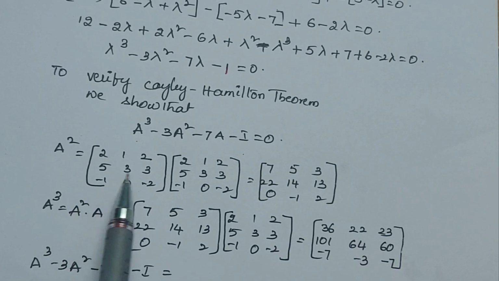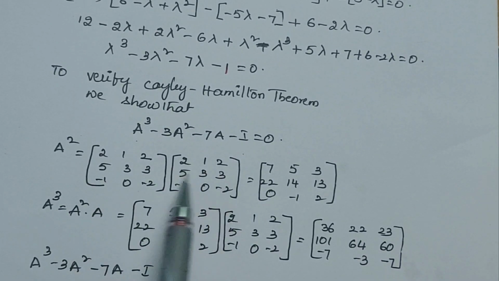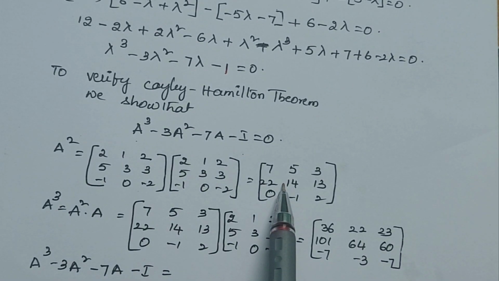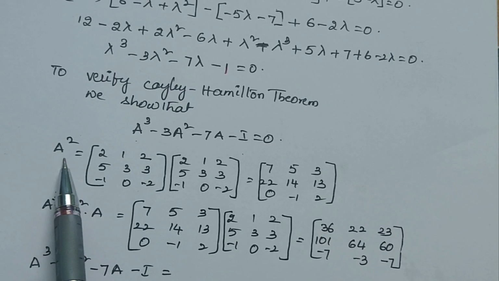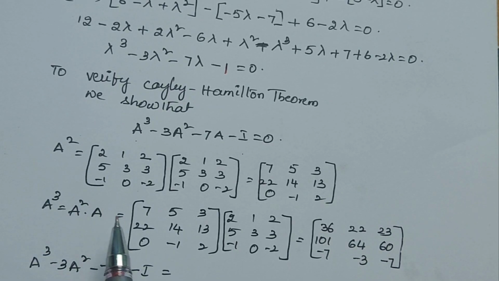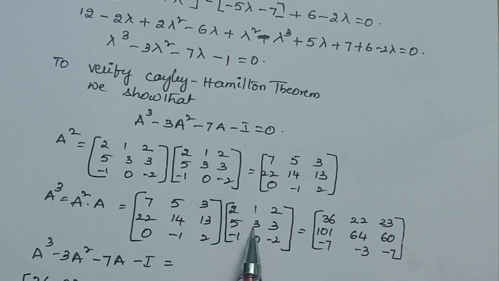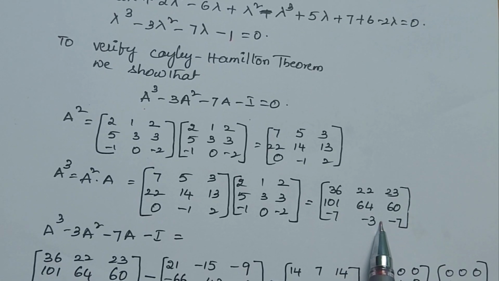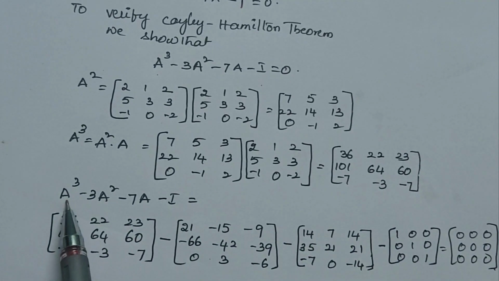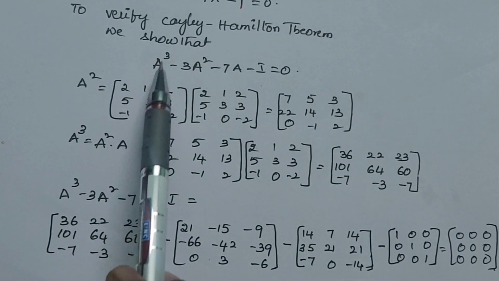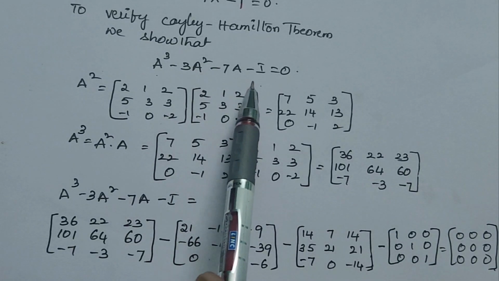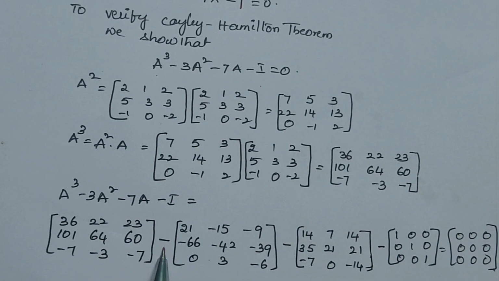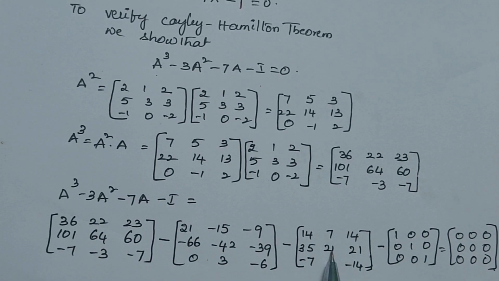A square is equal to A into A. You know matrix multiplication. This is the result, and then with this A square multiply A. So this is A square and A, then the resultant matrix is this. Now A cube minus 3A square minus 7A minus I.